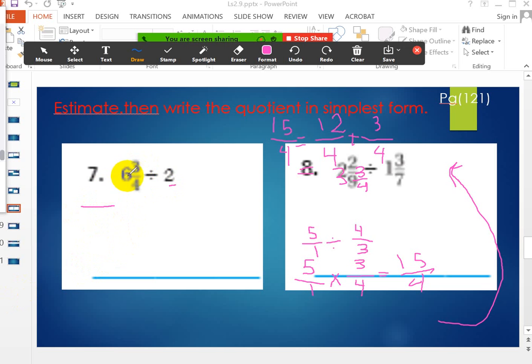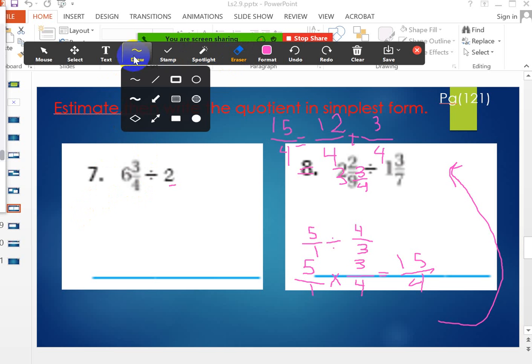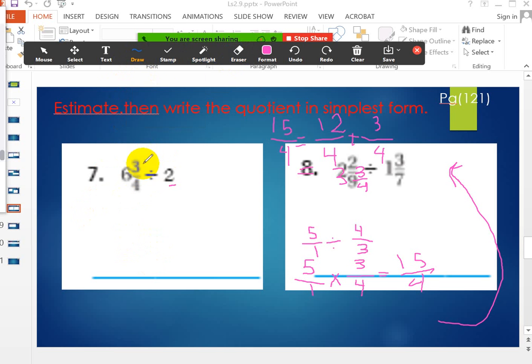The 2 should be a fraction. 6 multiply 4 first. 6 multiply 4 is equal to 24. Plus 3. It's equal to 27. Very good. 27 over 4 divided by 2 over 1.